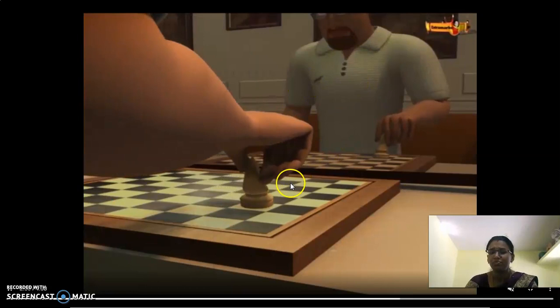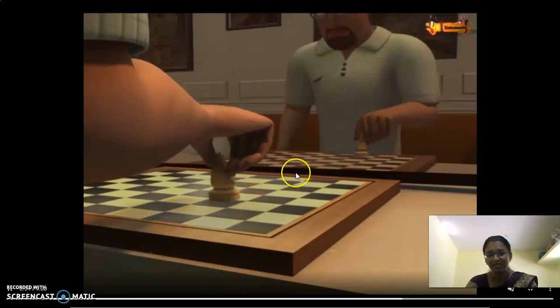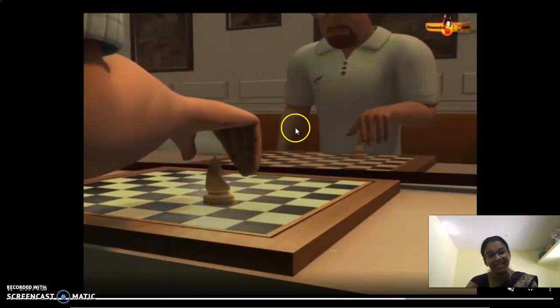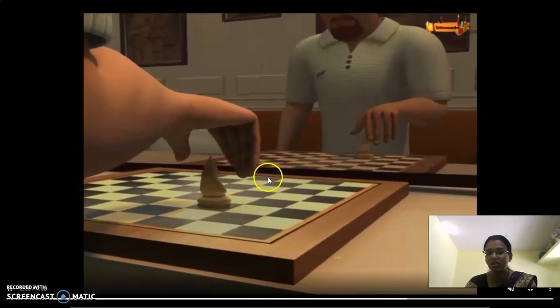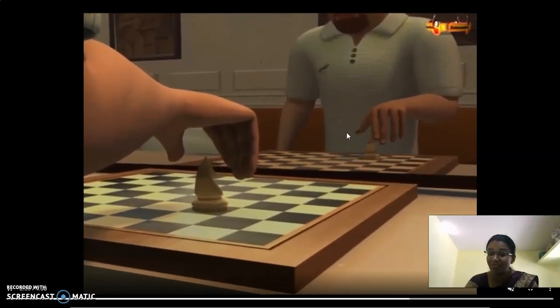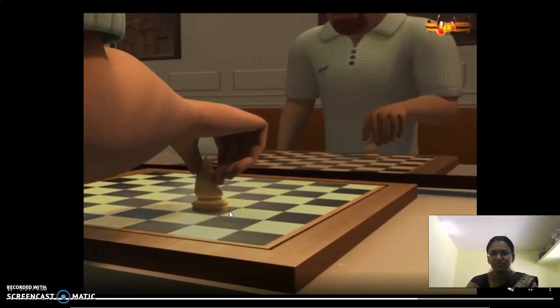And then if you move in front, the image will be in the same place where the object is. If I move the image, the object will also move.